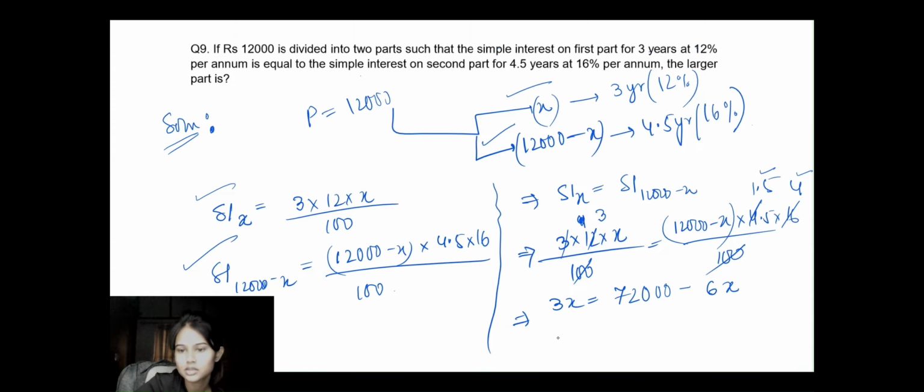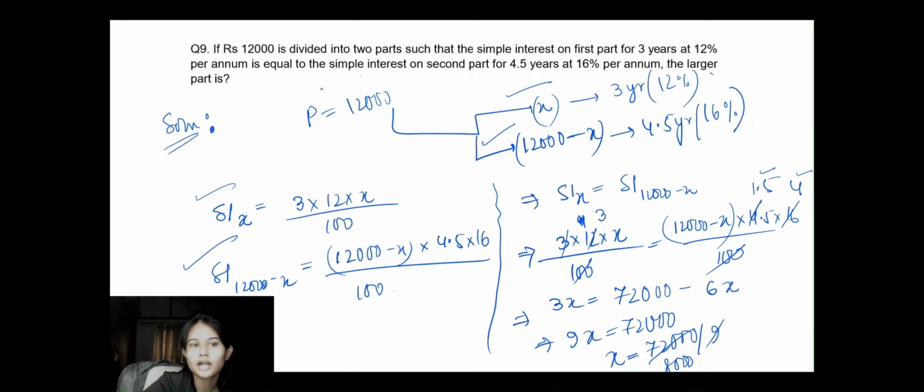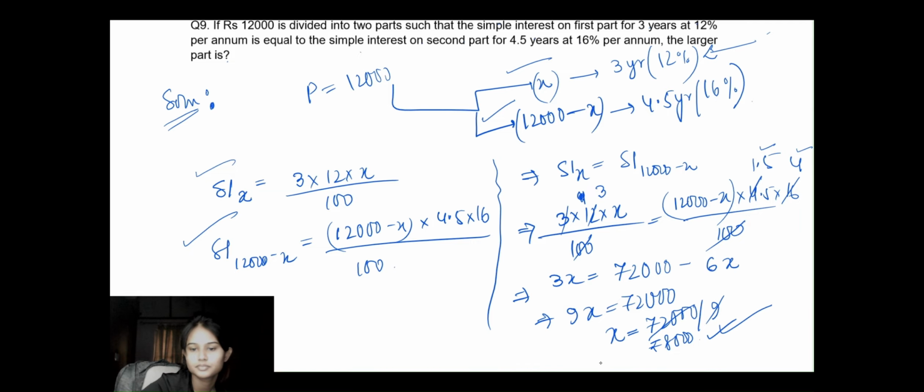Putting this here, we get 9x equals 72,000. Therefore, x equals 72000 divided by 9, that is 8,000 rupees. So the larger part is 8,000 rupees. That was lent for 3 years at 12%. All right. Therefore, the larger part was 8,000 rupees. This would be the answer.